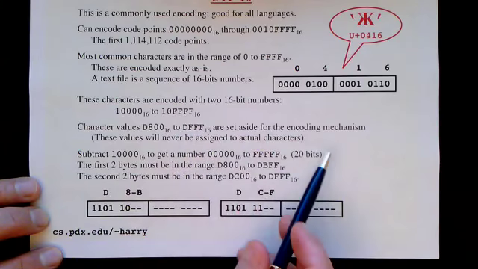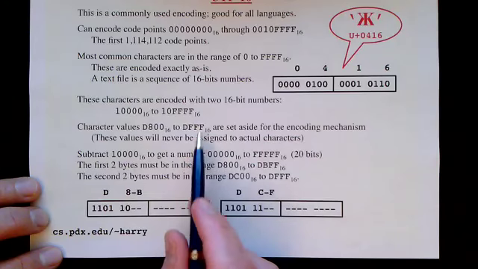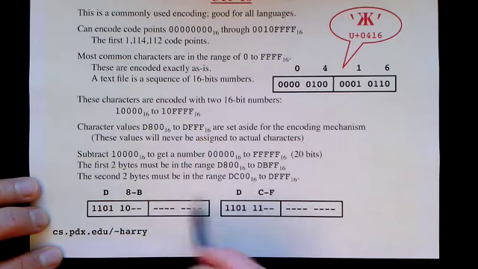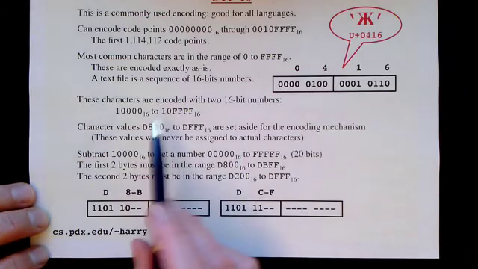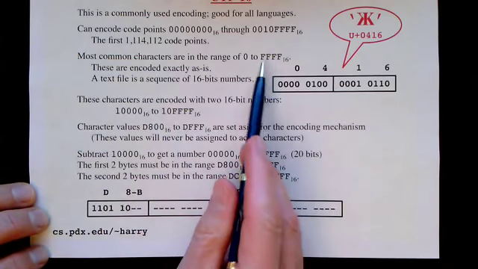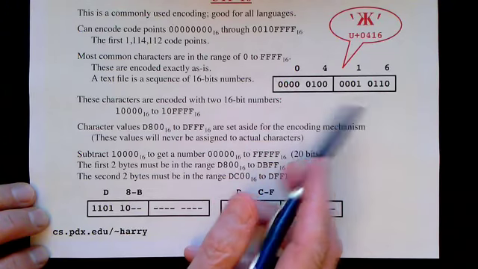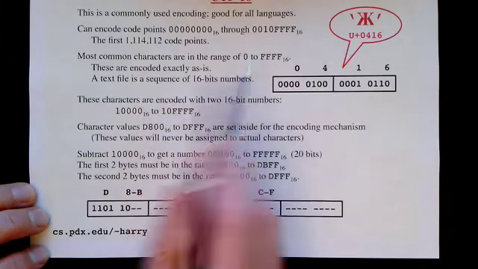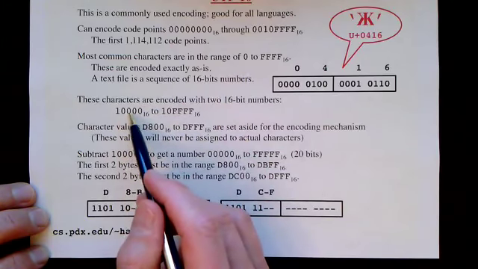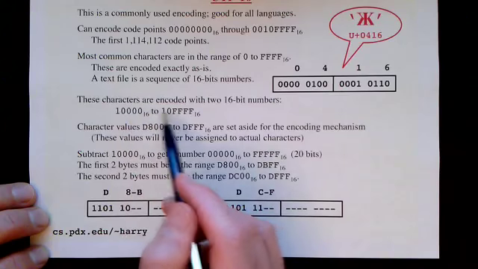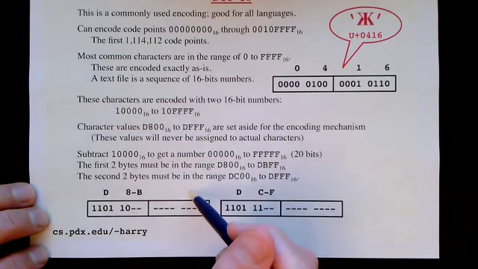These are set aside for the encoding mechanisms, and if you see those 16-bit numbers, then you know that they should be interpreted using this pattern here. So if the number is FFFF or less, we encode it with one 16-bit number. If it is, the next number beyond that is 10000, so anything between this and this we can encode this way.